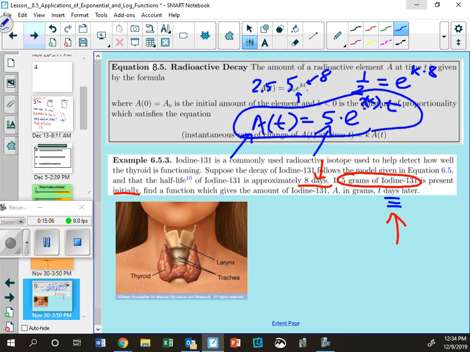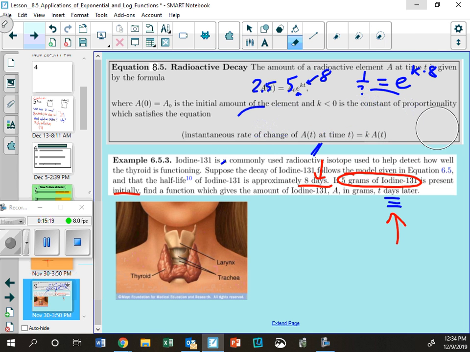Or if you assume the starting amount, you can see how much you'll have left based on a certain amount of time. So there's a t in the equation. So all it is you solve for k, and you rewrite the equation with the k in it. The k that you figured out.